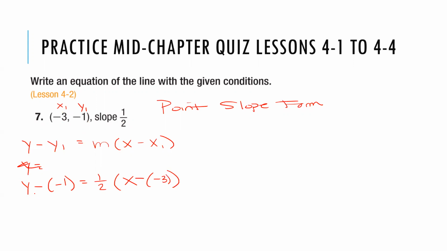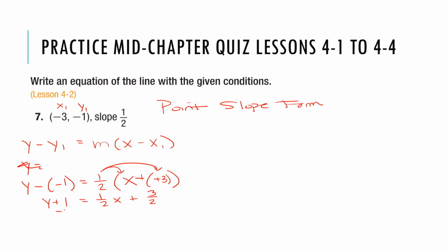Okay, and then we can simplify here. y minus y1, well, that becomes y plus 1. You add the opposite, and then we distribute the 1/2 here. So this is going to be 1/2 x. Now here, if you add the opposite, it ends up being positive 3. So 1/2 of 3 is 3/2.